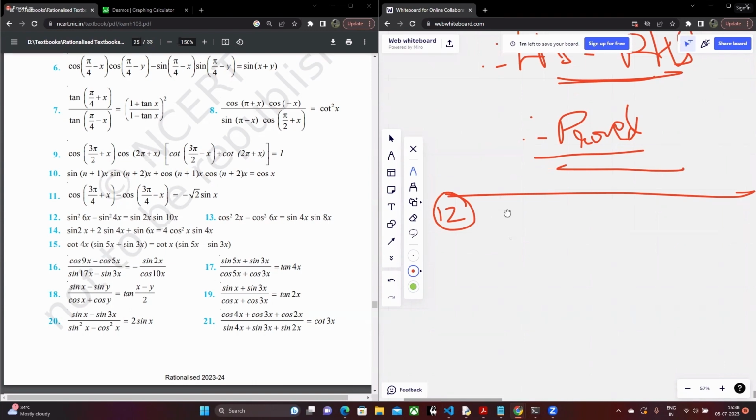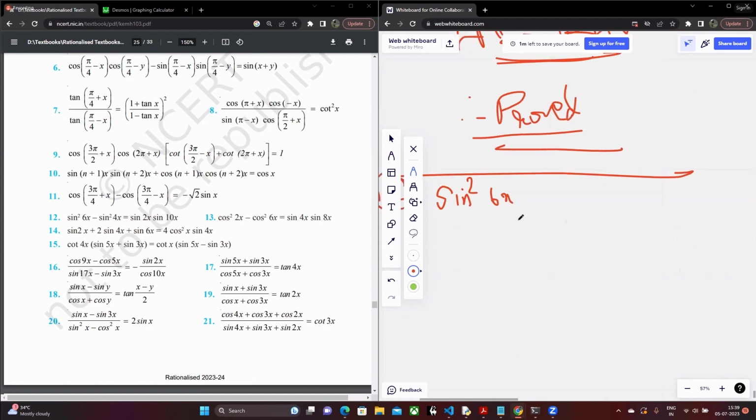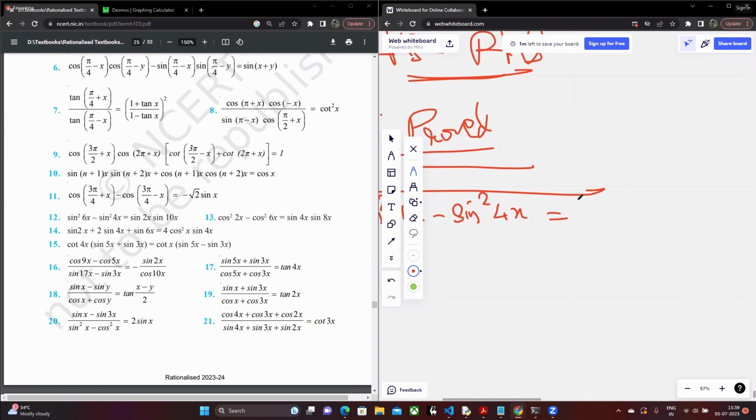Cool. So let me deal with question number 12. Just a minute. Good. So let me deal with the 12th question. Sine squared 6x minus sine squared 4x is equal to sine of 2x into sine of 10x.